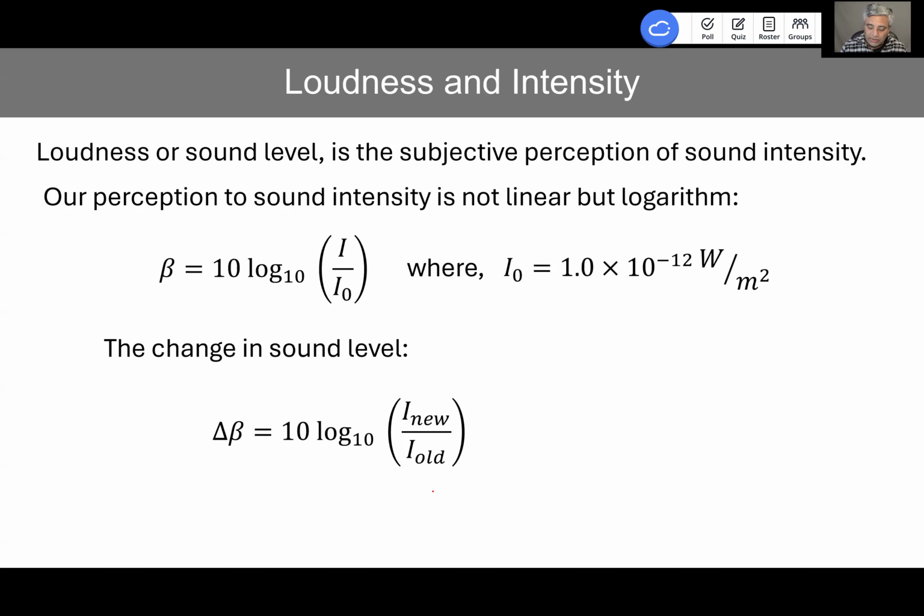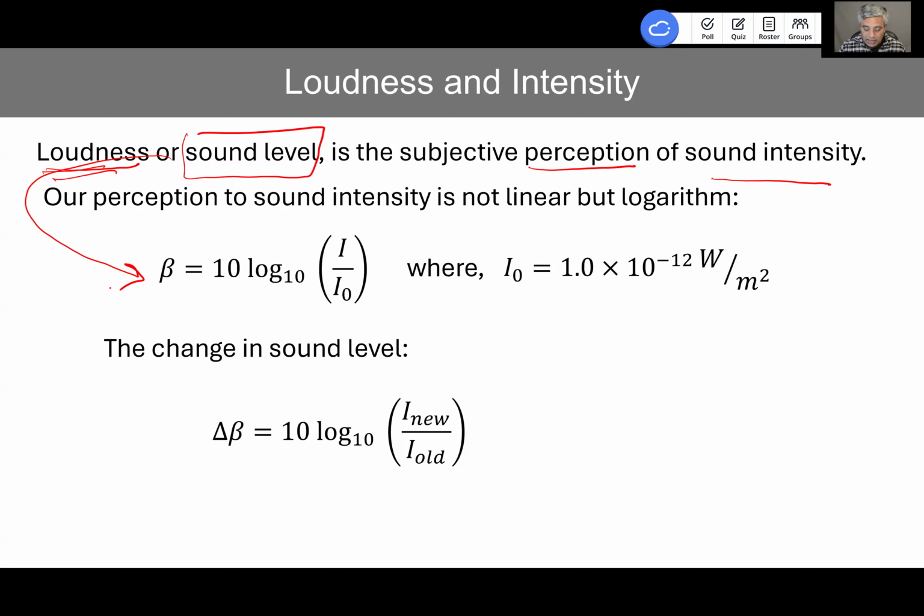Okay, so what we perceive is not the intensity, rather we perceive the loudness. Okay, so loudness depends on intensity, but our ear basically hears in the log scale, and we define that as loudness, also called sound level, same name, and the notation for that is beta.